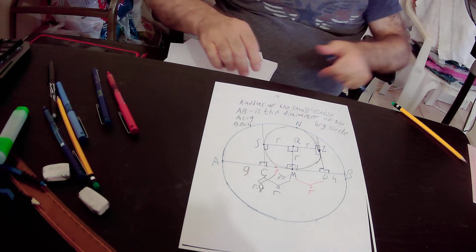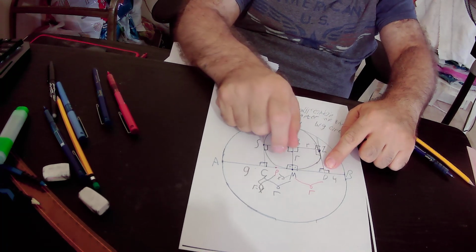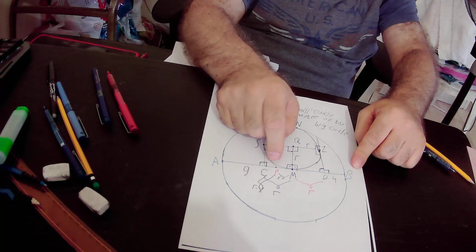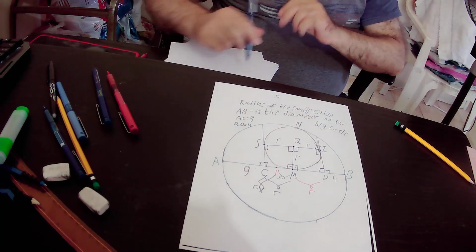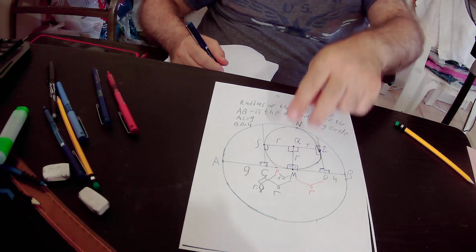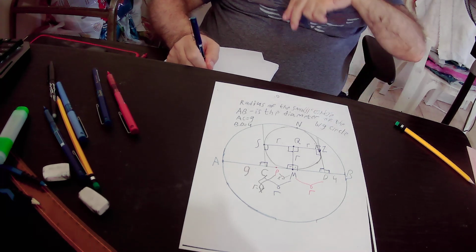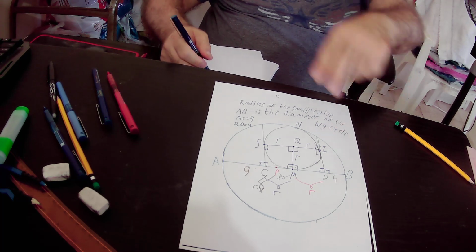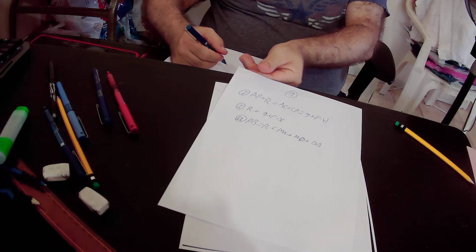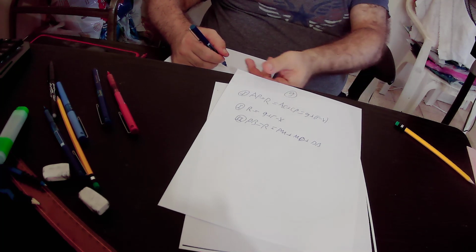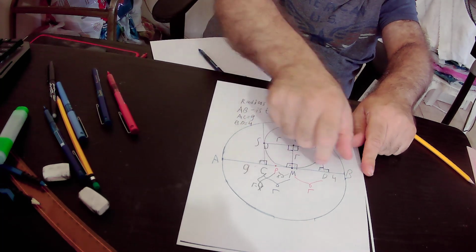PB equals PM plus MD plus DB. Okay, PB equals PM plus MD plus DB.